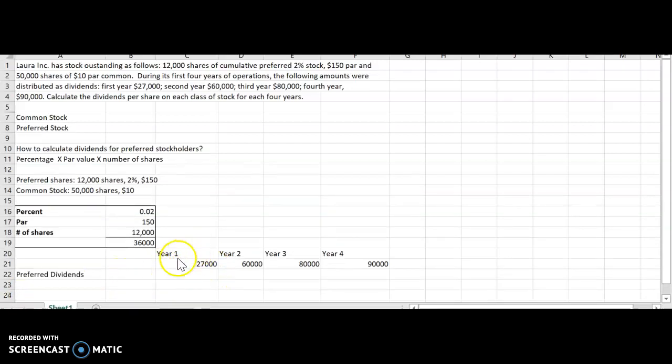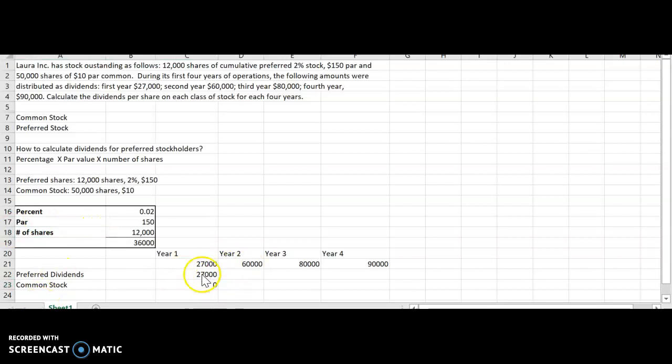Okay, let's look at year 1. We're going to start off with preferred because they get preferential treatment. So remember, we calculated for preferred, we promised them 36,000 dividends. So the question is, can we pay them all 36,000? Well, in year 1, we only distributed 27,000, so we can't give them more than 27,000. So we're going to give them all 27,000, and we're going to owe them some remaining.